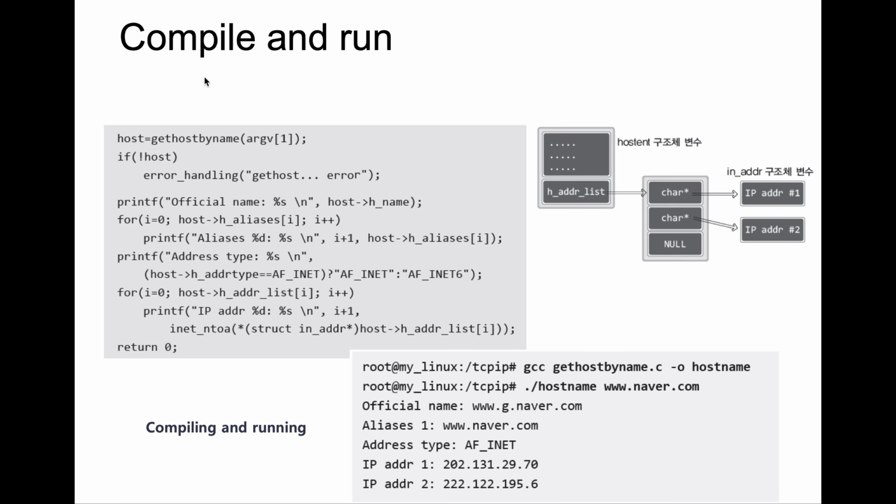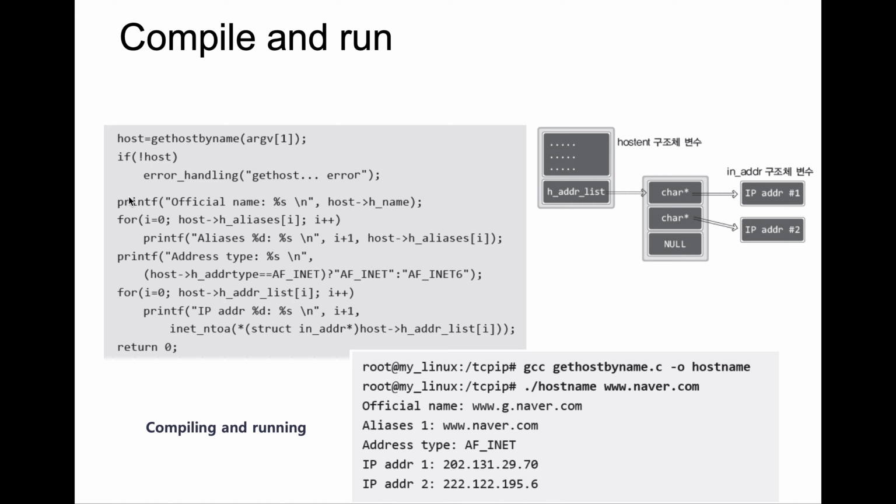And if we take a look at how it technically looks, first we will make a function call to GetHostByName, providing youtube.com or naver.com, the domain name, as a parameter, and then we will store the result inside the pointer to the host entry structure. And then if it's null, there will be an error. It's just error checking.